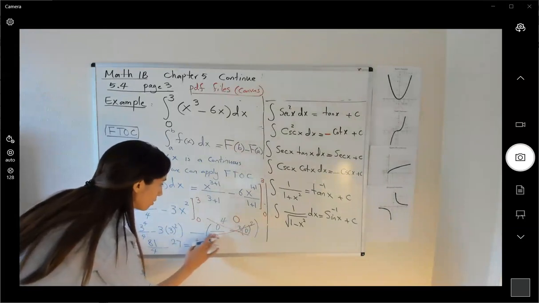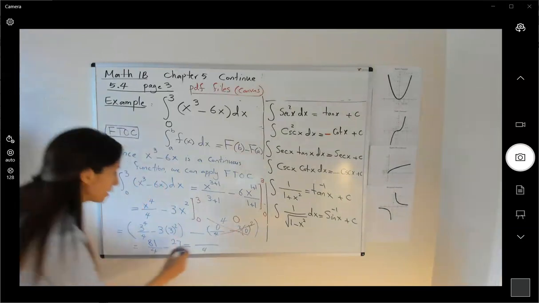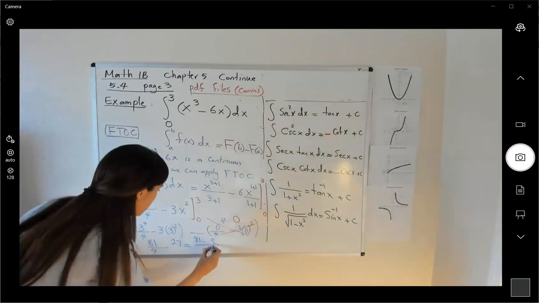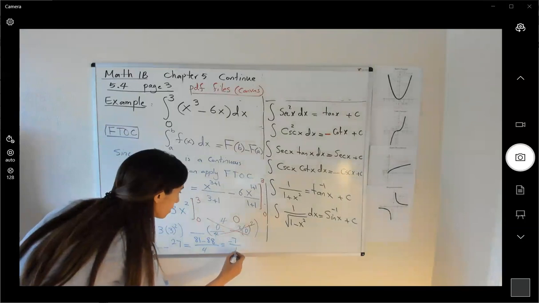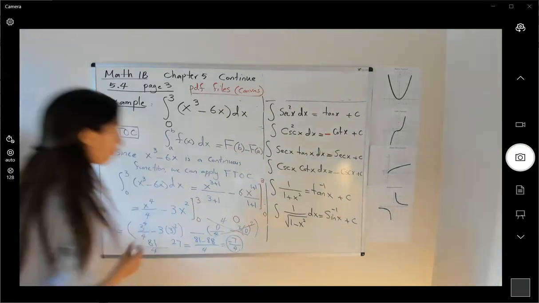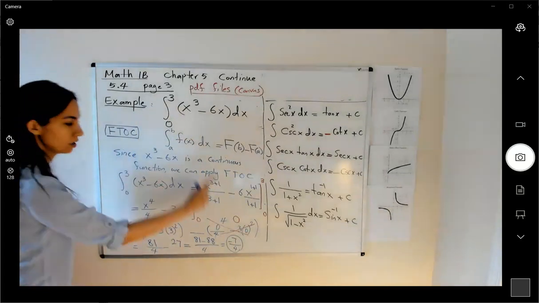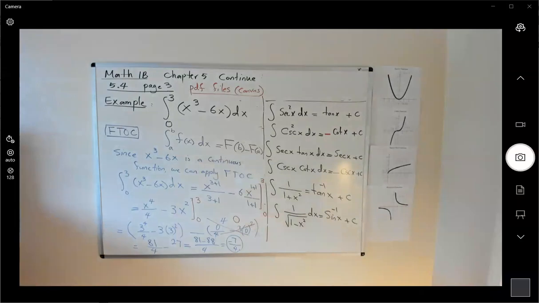Let's write this up here, a little bit of space. 81 minus 88, which is negative 7, divided by 4. So this integral is equal to minus 7/4.